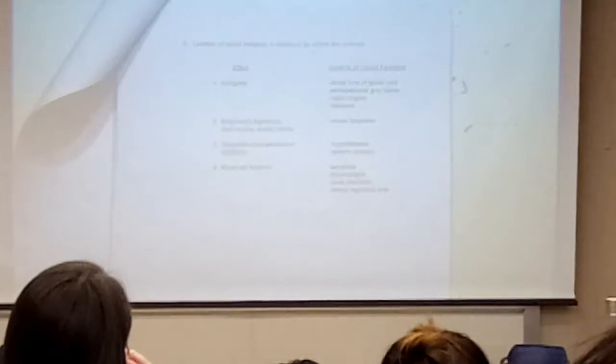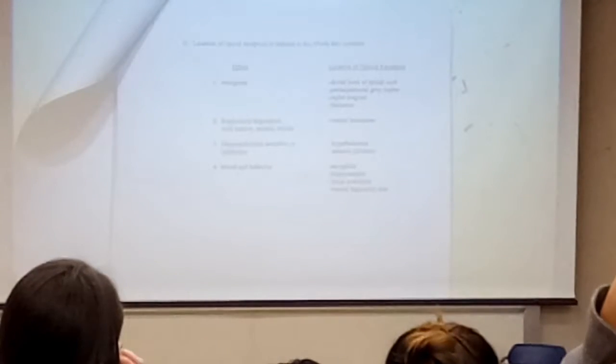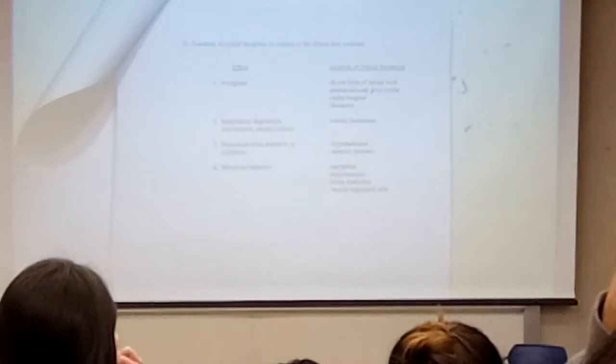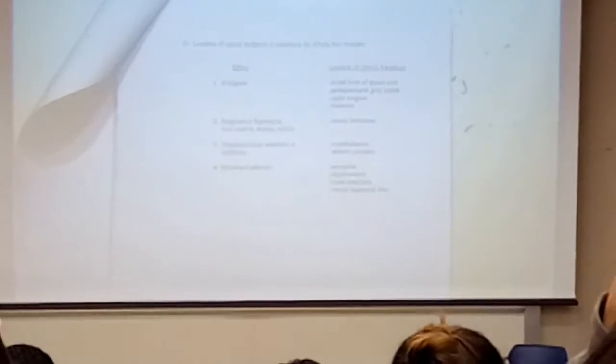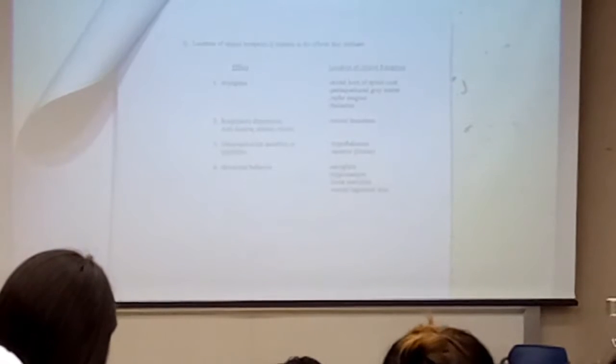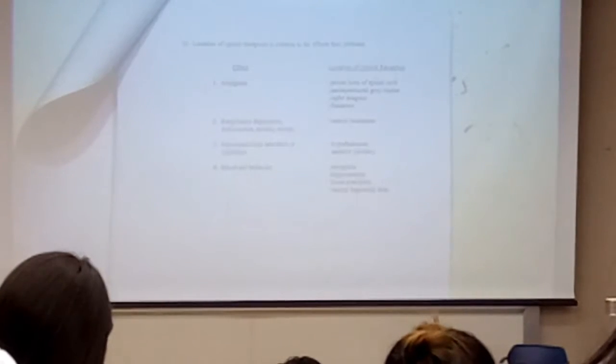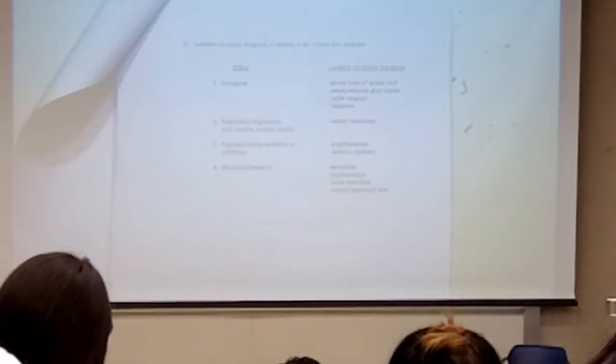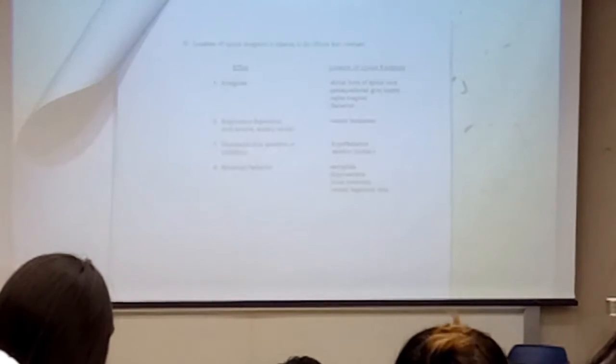Neuroendocrine secretion or inhibition. You have opiate receptors in the hypothalamus and in the anterior pituitary. Mood and behavior: the amygdala, the hippocampus, the locus coeruleus, the VTA. Let's see, what does the VTA release? Dopamine.